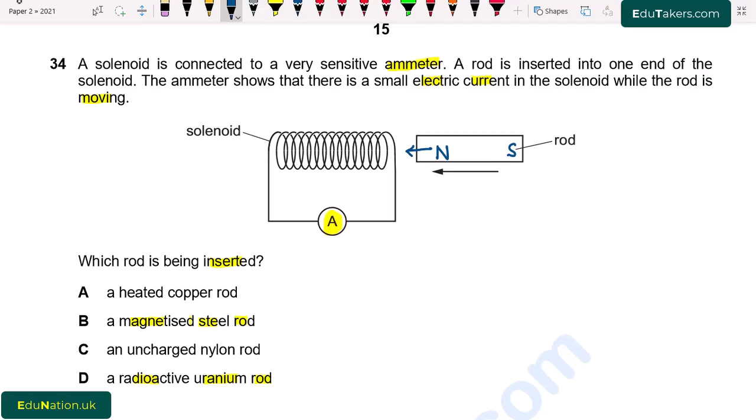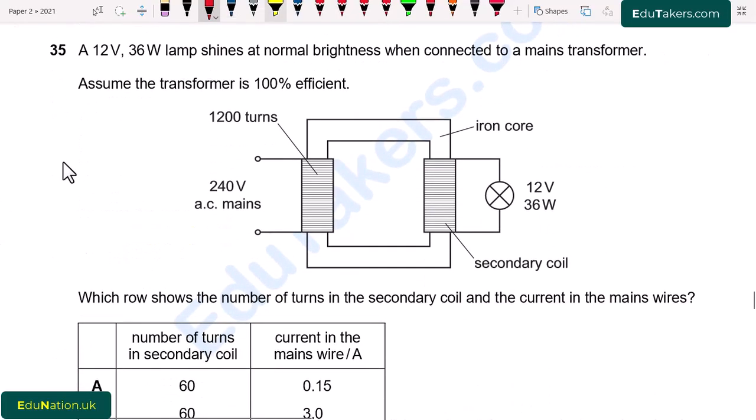So this rod must be magnetized. It should not be uncharged or radioactive. So from here option B is correct, which shows that magnetized steel rod. Because when there is a current in the solenoid, it means that the rod should be magnetized.